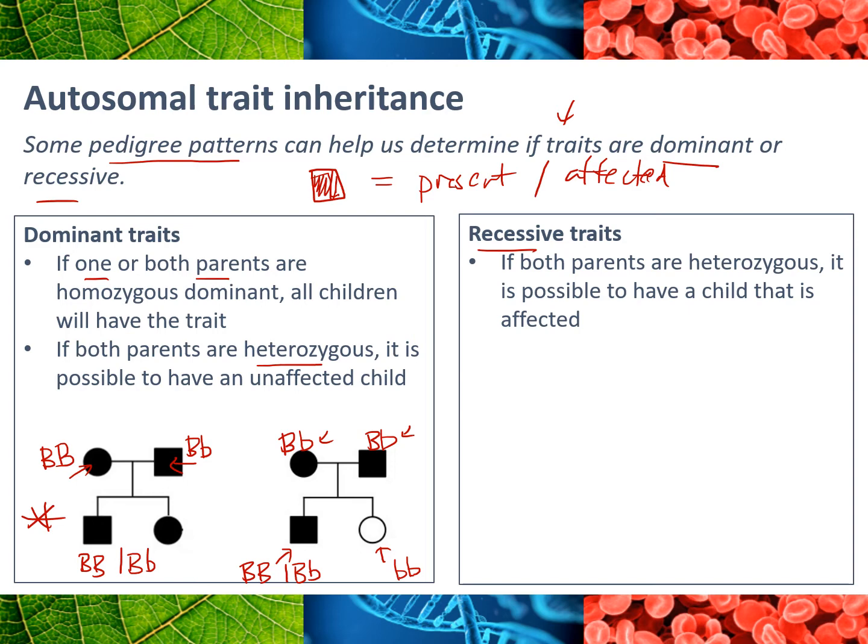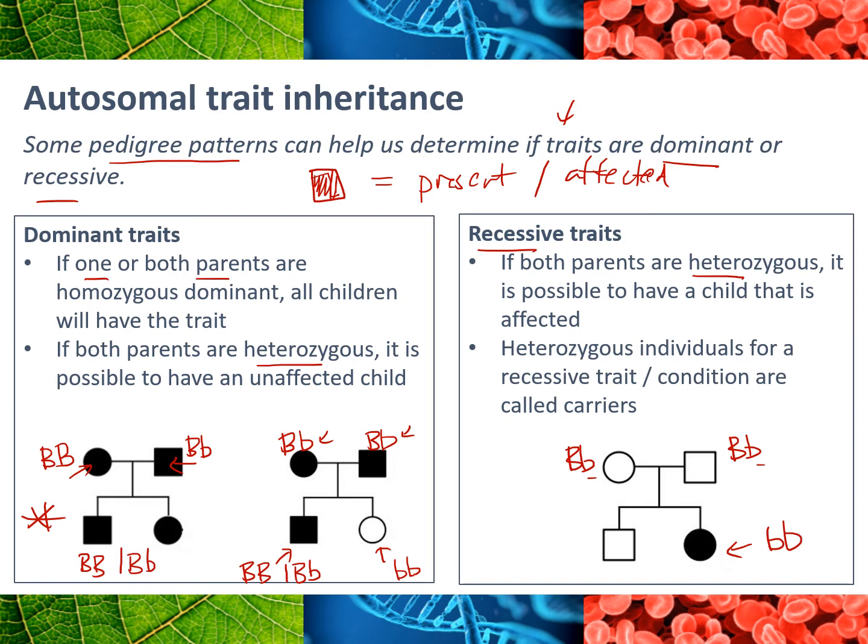But if we had two parents that are heterozygous for a recessive trait, they don't have the trait, so they're not coloured in because they've only got one of that recessive allele. But they could have a child that is homozygous recessive, meaning that child will have the trait.